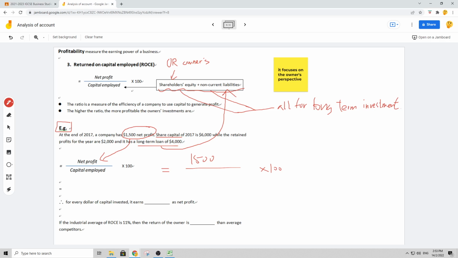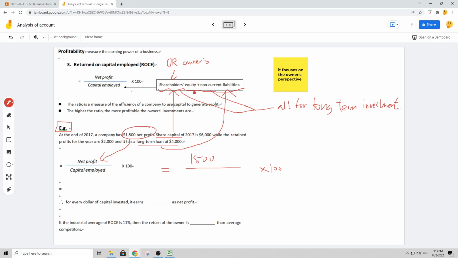Well, let's just say share capital is how much the owners have invested into the business. If you put it simply, it's just how much money the owners have put into the business. So if you understand this, then you will put it in your owner's equity or shareholders' equity.